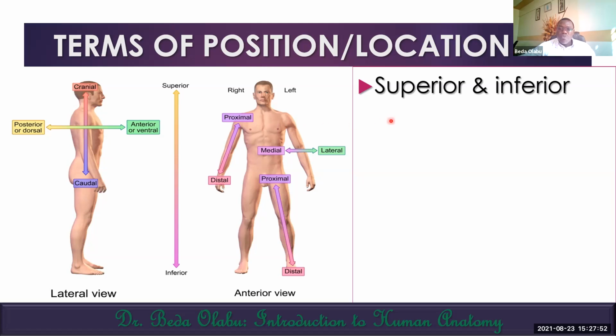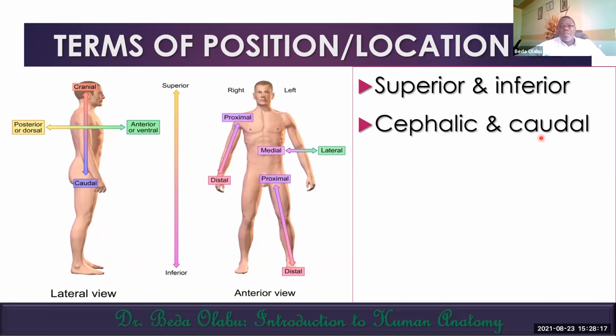Instead of using the term superior and inferior, we can use the term cephalic, and the opposite is caudal. Cephalic here literally means towards the brain, and caudal means towards the tail, in the understanding that you may not necessarily be having a tail.